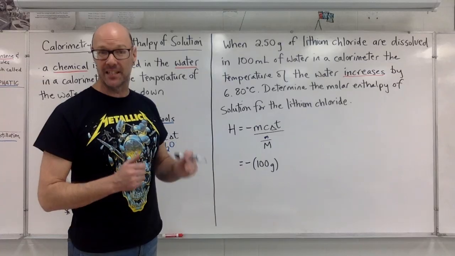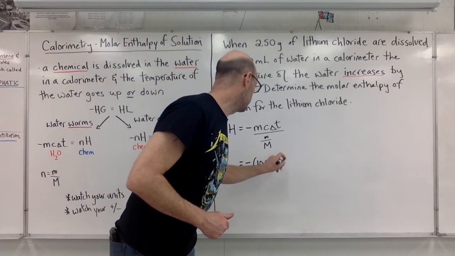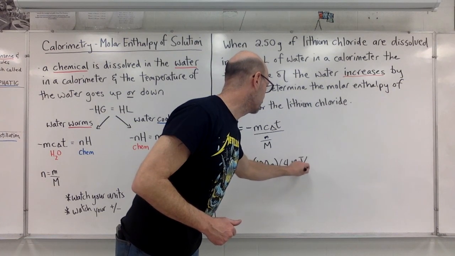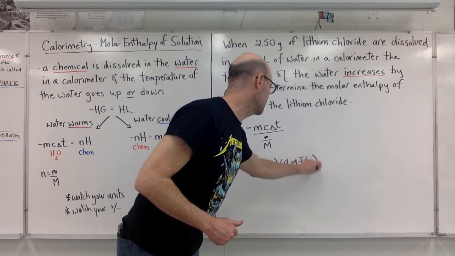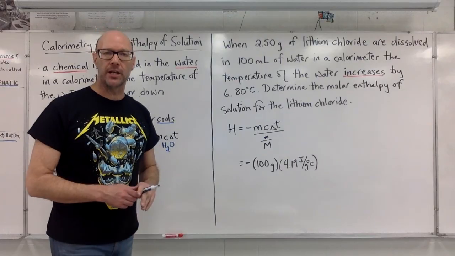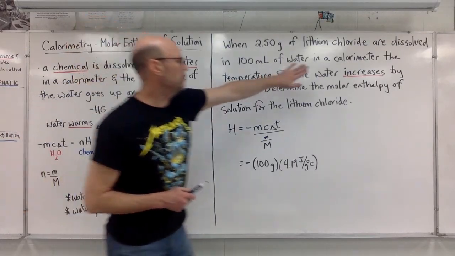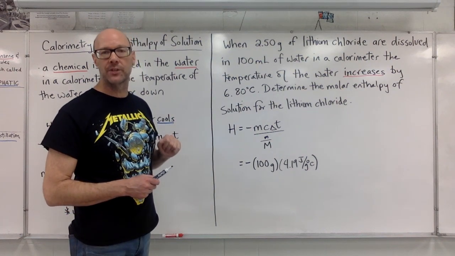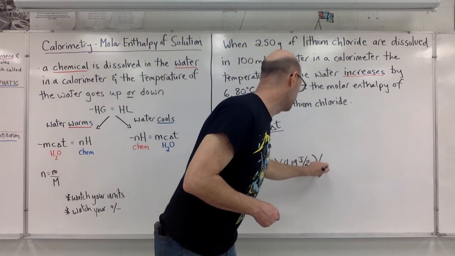You can find it in the data book. 4.19 joules per gram degree Celsius. And the temperature change, it's a positive value because we have increases by 6.80 degrees Celsius.